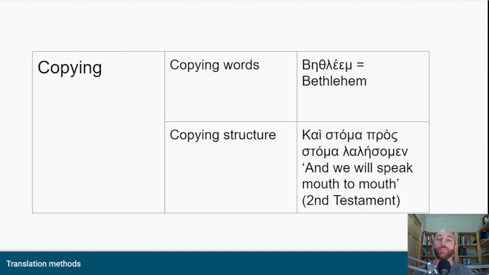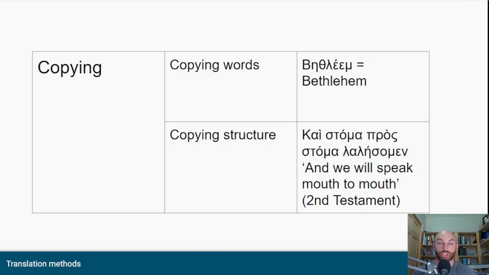Sometimes you just need to copy the words, literally transliterate the words from Greek into English so that the English speaker can pronounce it as close as possible to the way that the Greek speaker pronounced it. So names. This is where names come in. Bethlehem, again, I mentioned this in the conversation with Doug Moo. Pretty much everyone's going to do this. Bethlehem will end up being Bethlehem in English. It's essentially a transliteration of the Greek word Bethlehem into English, right?